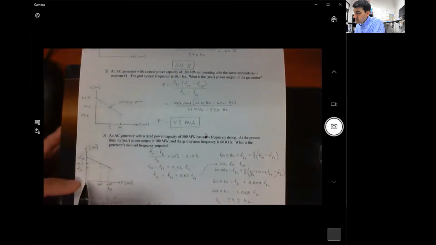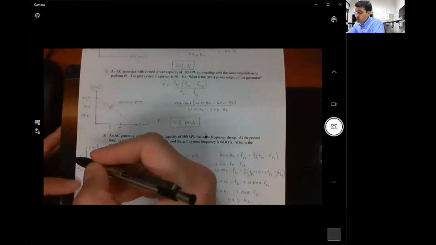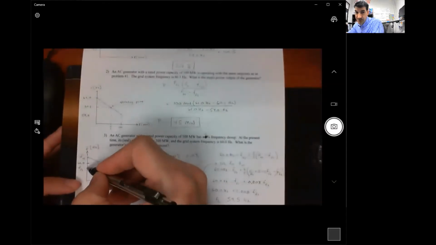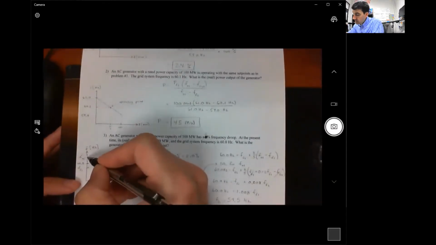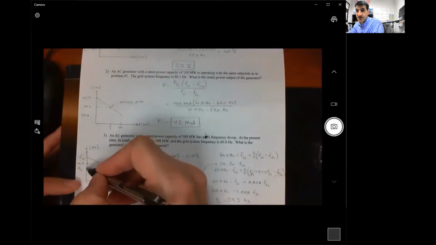So if we're 3/5 of the way along the curve in this direction, we must be 3/5 of the way along the curve in this direction as we're going from no load frequency to full load frequency. Hopefully that makes sense. If we're 3/5 of the max power output, then we're 3/5 of the way along the curve in this direction horizontally.